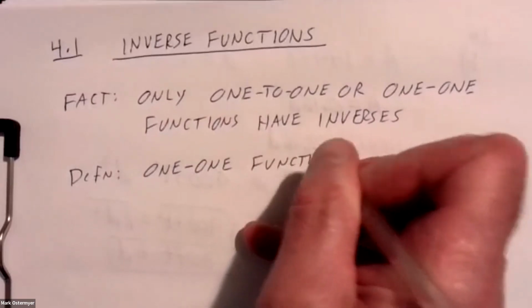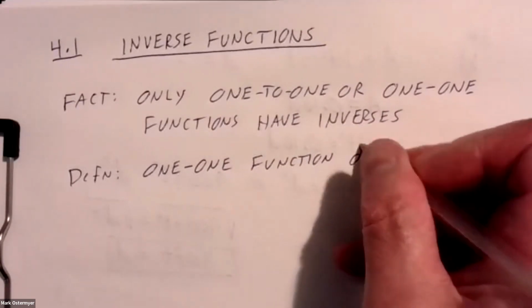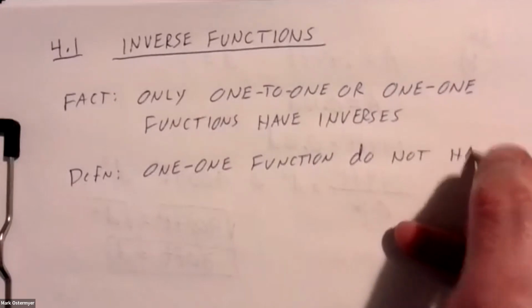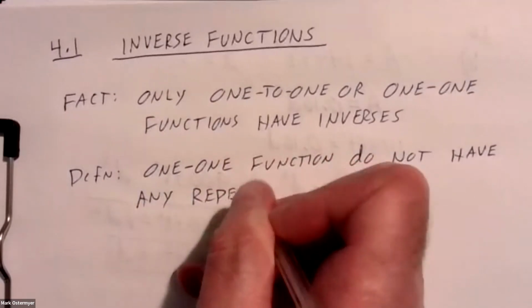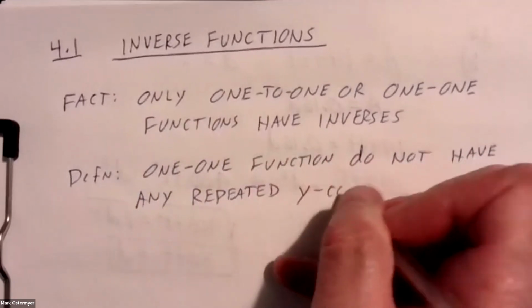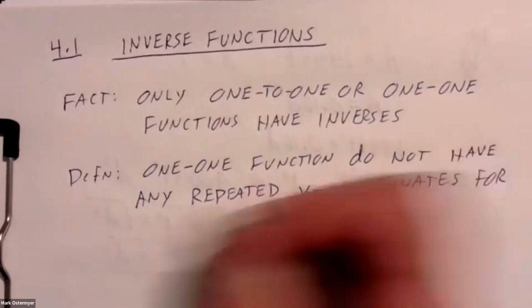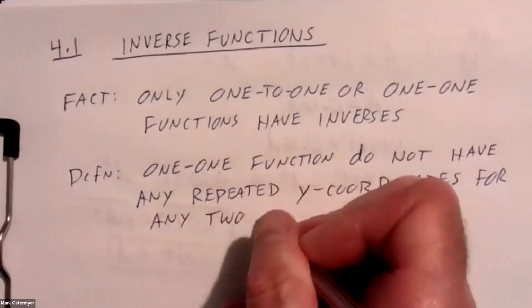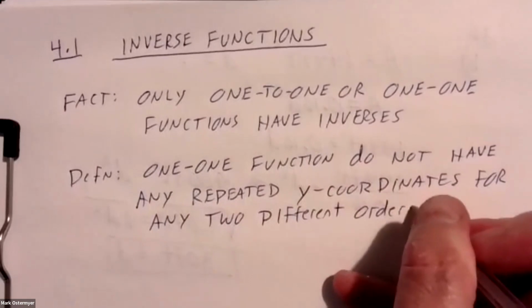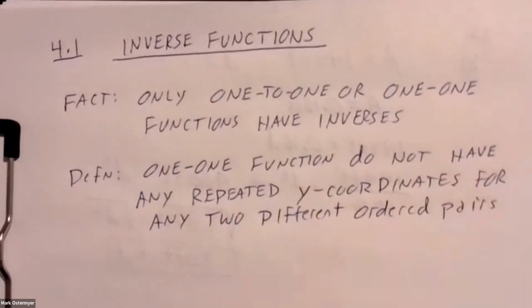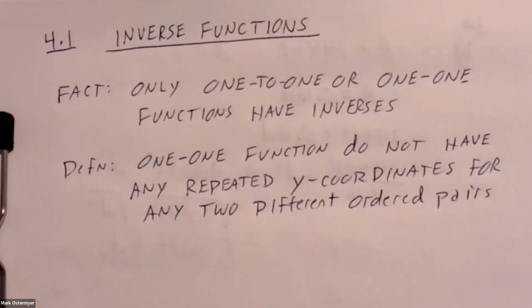A one-to-one function does not have any repeated y coordinates for any two different ordered pairs, or points.